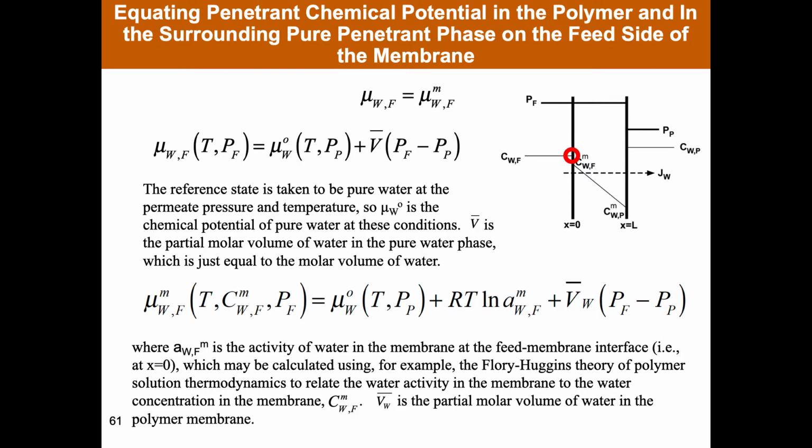And so as you raise the pressure, the chemical potential in the water goes up, and that's according to the molar volume of water. The chemical potential in the membrane also goes up, but according to the partial molar volume, and to the extent that there's a difference between the molar volume and the partial molar volume of water, this can create a chemical potential difference right at that membrane interface. And that chemical potential difference is relaxed by having the concentration of water in the membrane change. That's how you get back to chemical potential equilibrium.